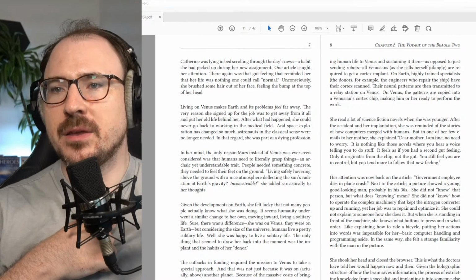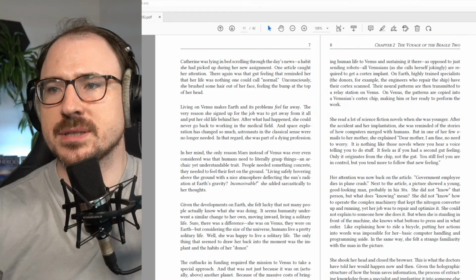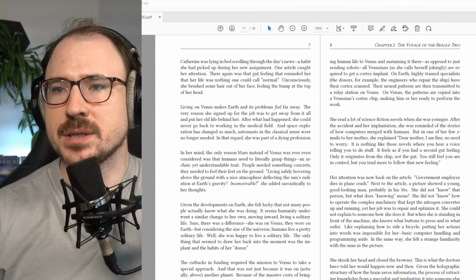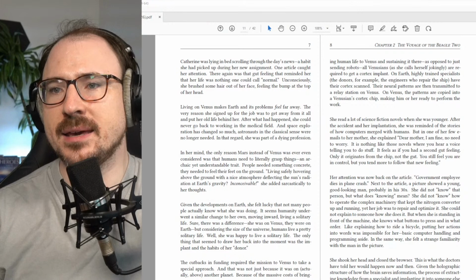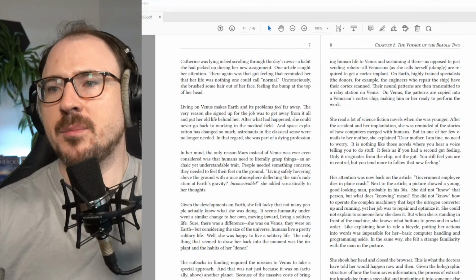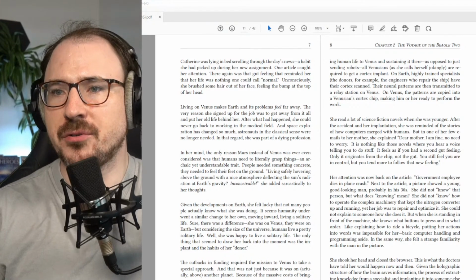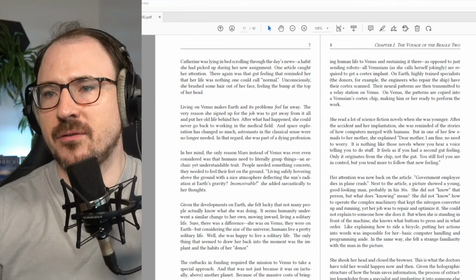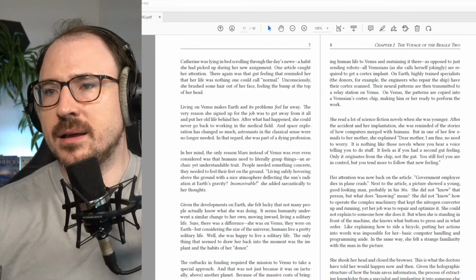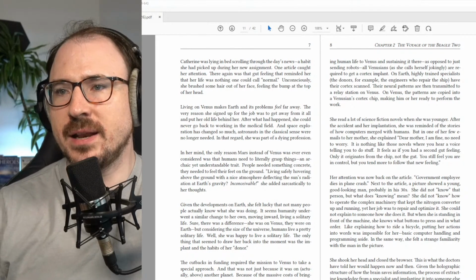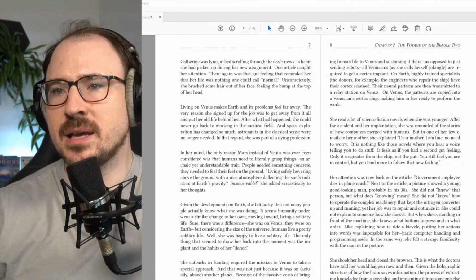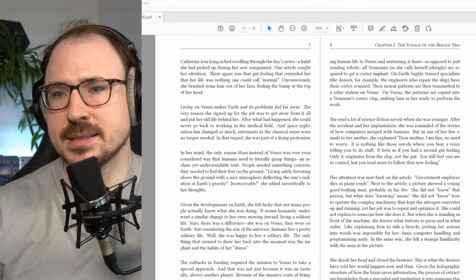In her mind, the only reason Mars instead of Venus was ever even considered was that humans need to literally grasp things, an archaic yet understandable trait. People needed something concrete. They needed to feel their feet on the ground, living safely, hovering above the ground with a nice atmosphere, deflecting the sun's radiation at Earth's gravity. Inconceivable, she added sarcastically to her thoughts.